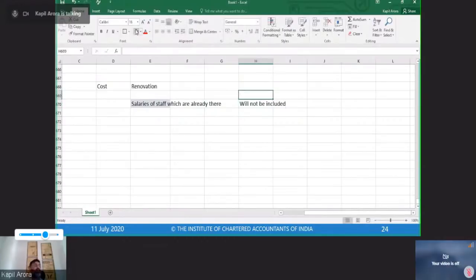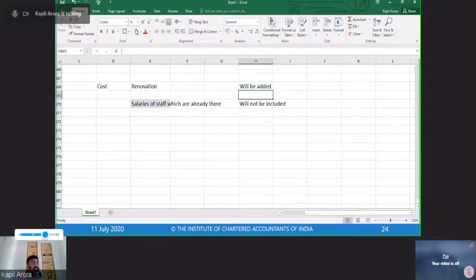Whereas renovation cost is actually the subsequent expenditure which will add further to the revenue. It means it is going to get the future economic benefit. So these future economic benefits will be added. Means this renovation cost will be added.